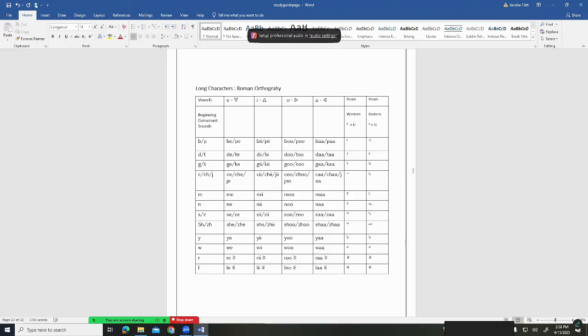In the Roman orthography, we use some of these letters from the English writing system. You will notice that not all the letters from the English alphabet are in our writing system. So you will learn the differences as we study these charts.